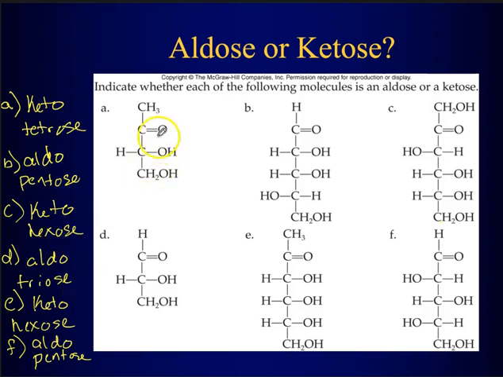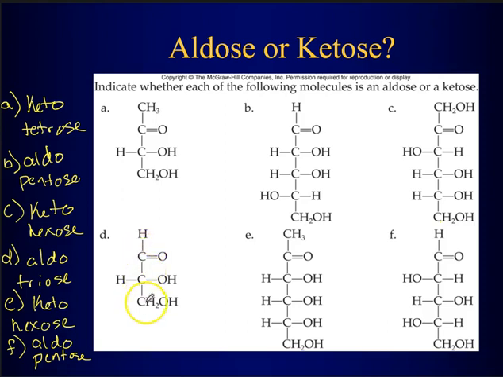All right, so the first one, I've got a ketone and 4 carbons, so ketotetrose. Second one, I've got 1, 2, 3, 4, 5 carbons and an aldehyde, so aldopentose. I have a ketone with 1, 2, 3, 4, 5, 6 carbons, so ketohexose.